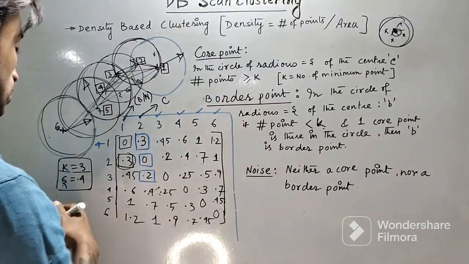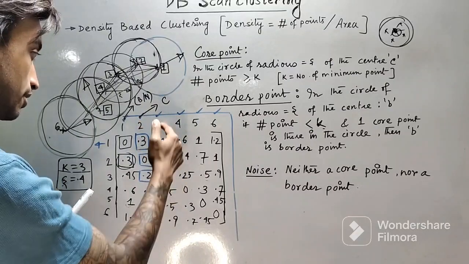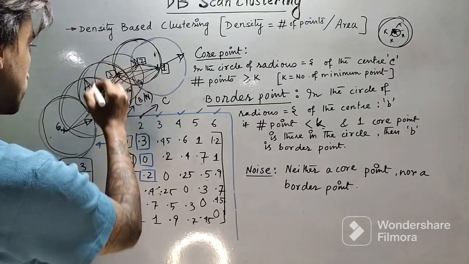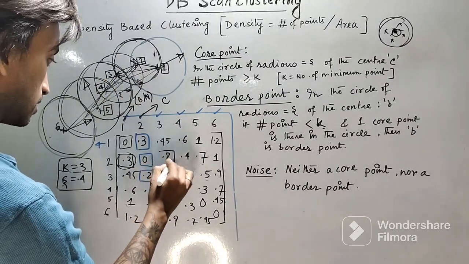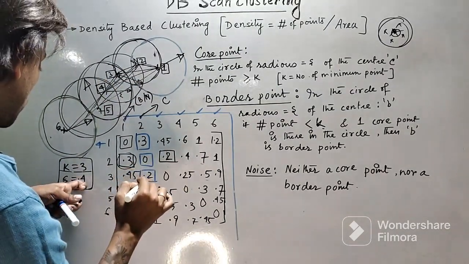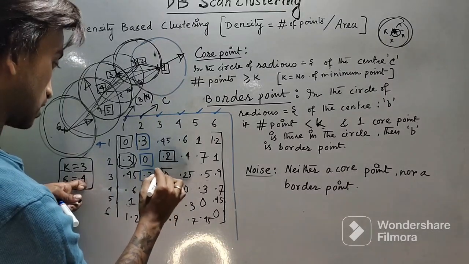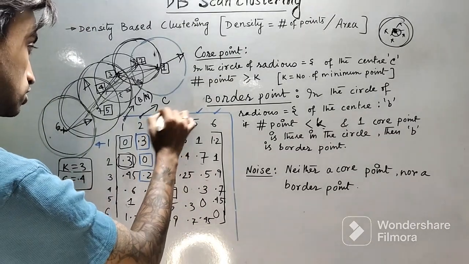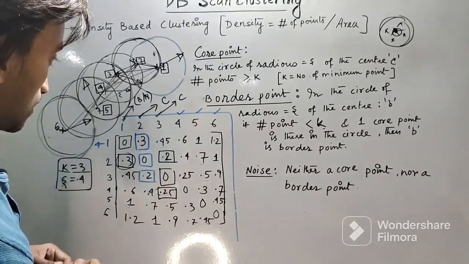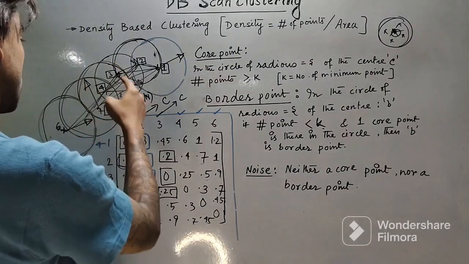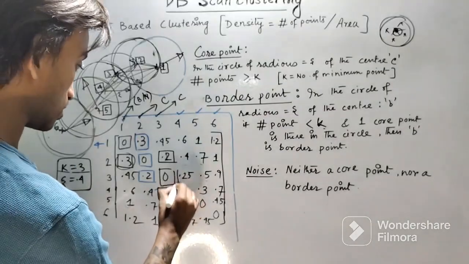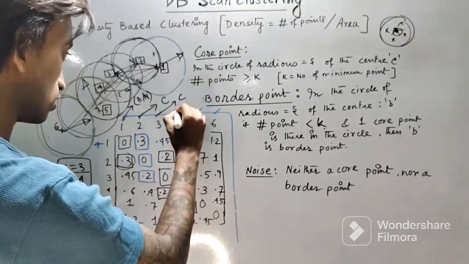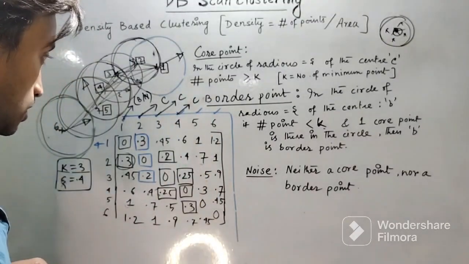Okay, so let's consider point 3. This is less than 0.4, this is less than 0.4, again this is less than 0.4. So this is also a core point. Now let's consider point 4. This is less than 0.4, this is less than 0.4, this is less than 0.4. So this is again a core point.